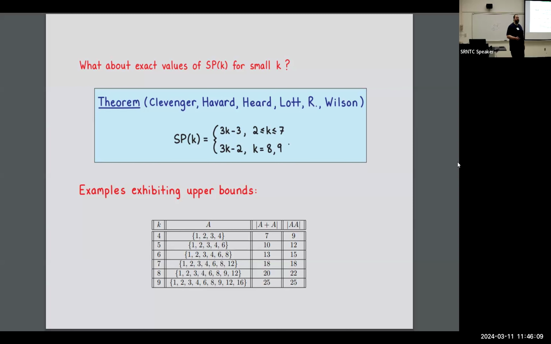So even just 3k minus 2 is hard. And with a single operation, I don't know that you could really prove a classification with information from both operations at the same time, which I think is what you're asking. It's a very interesting question, but there's nothing that I know of to that effect.